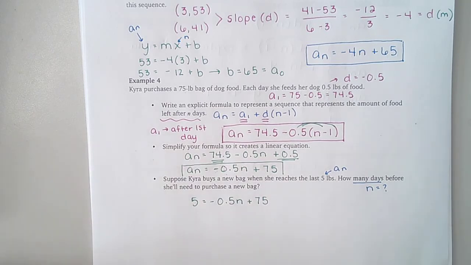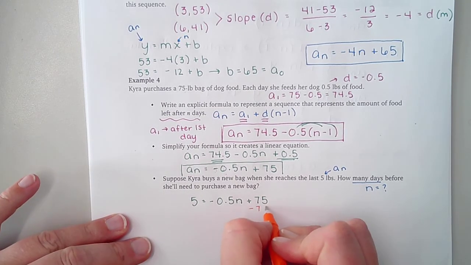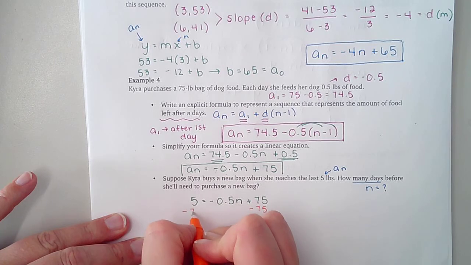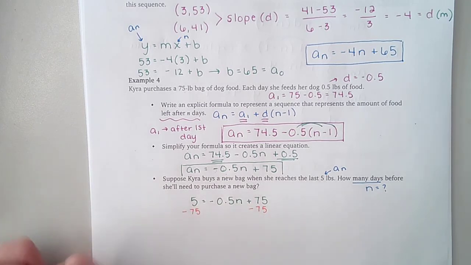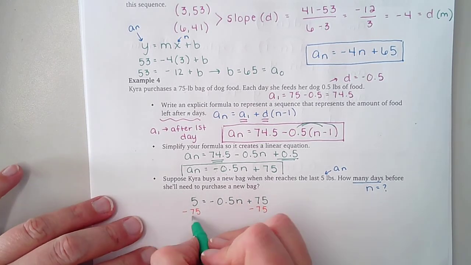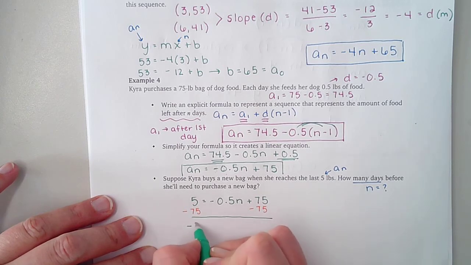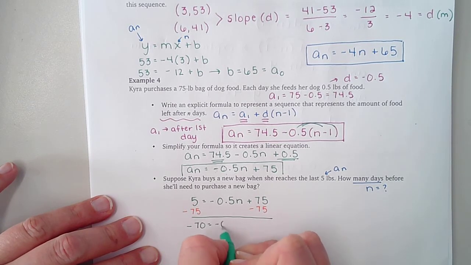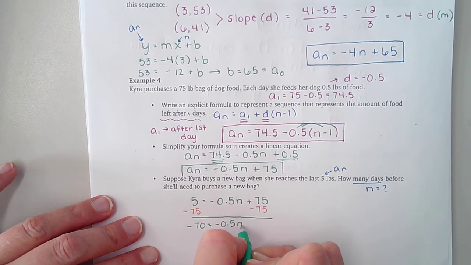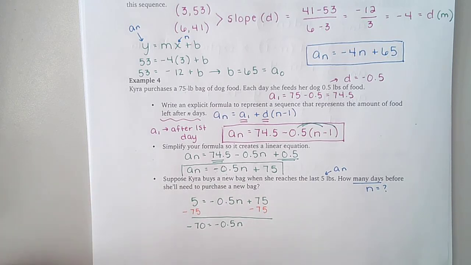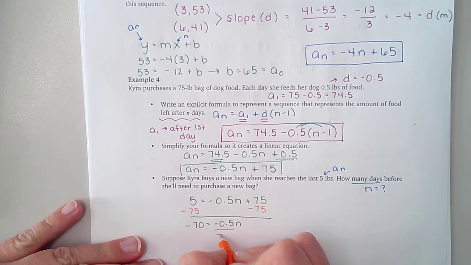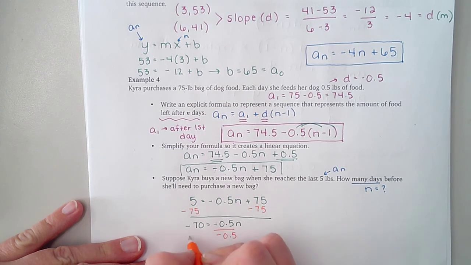I'm going to subtract 75 from each side. And I get negative 70 equals negative 0.5n. Now I'm dividing by negative 0.5. This tends to throw people off because it's going to make your number larger, and that's okay.